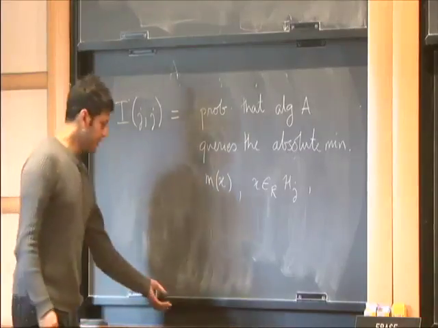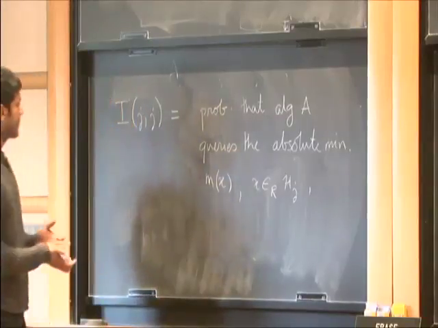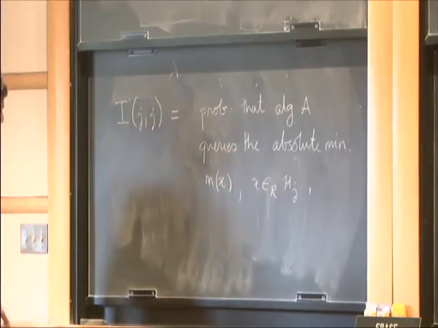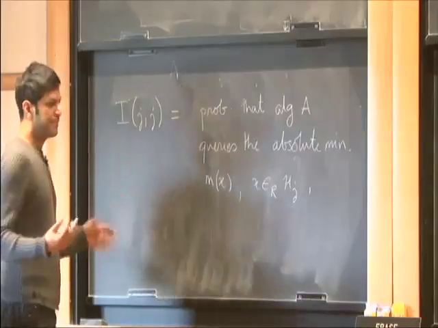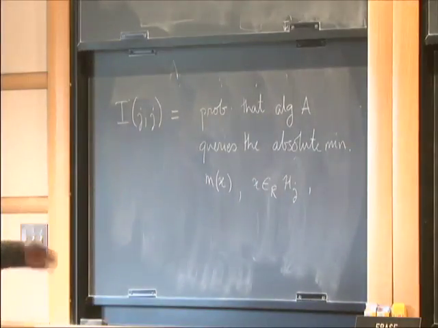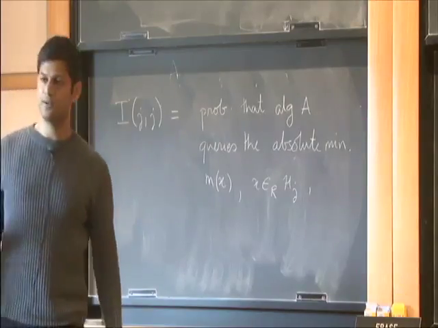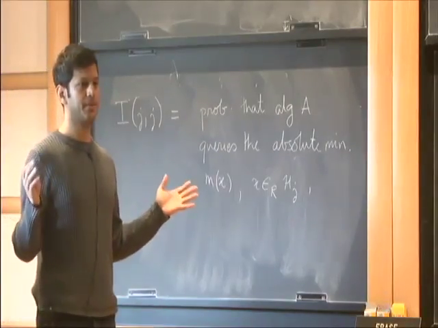So if you think about this quantity, here's what happens. Think about any algorithm that solves the problem. It has to query at least one variable.